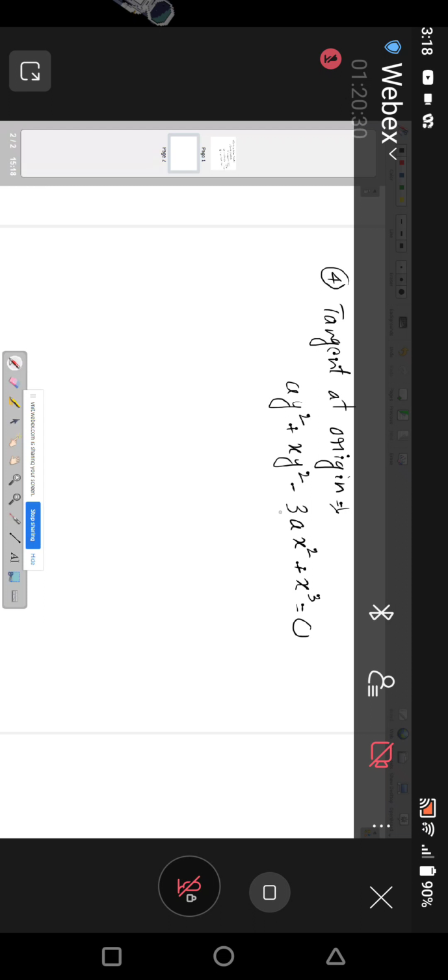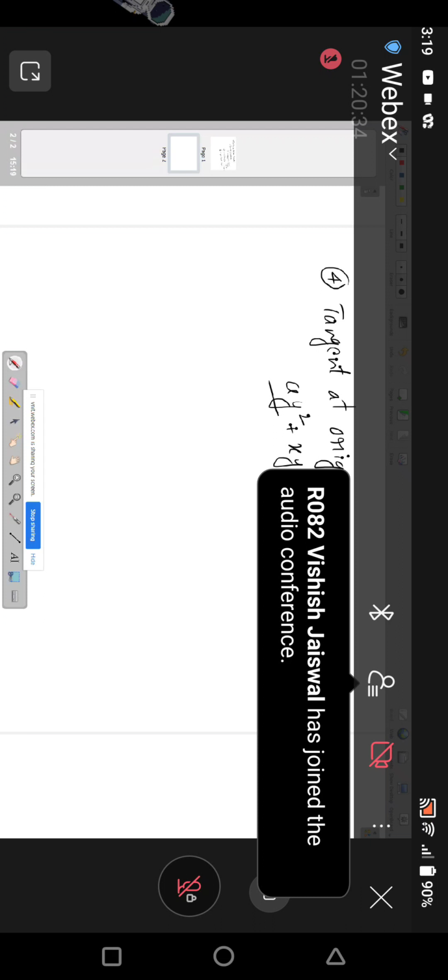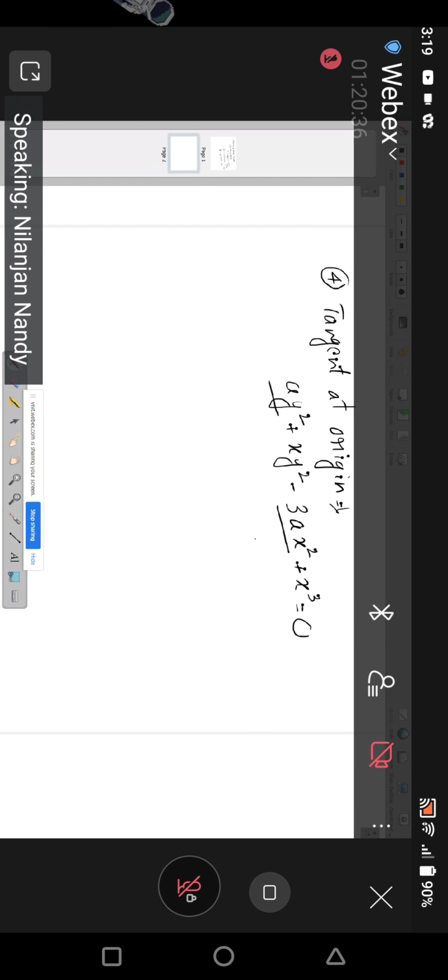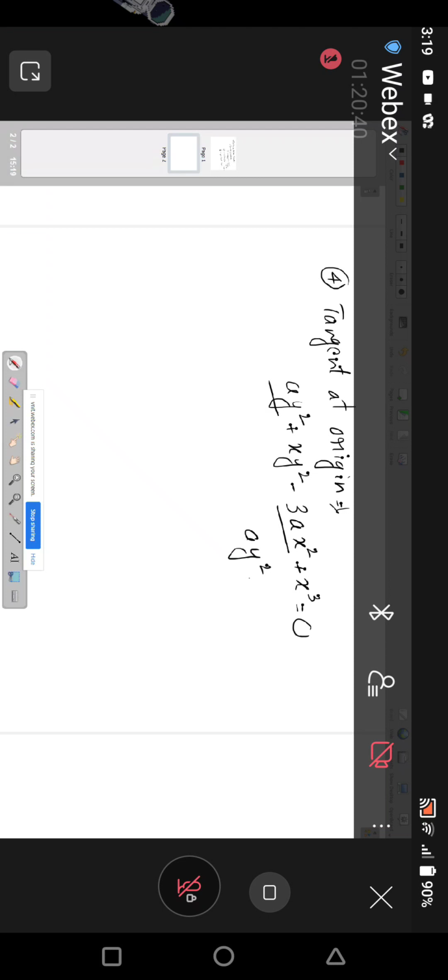Second order terms, 3x square and ay square. These are the two lowest terms, and I am equating them to 0. So you will have y equal to plus minus 3x. Obviously, as you can see, it is passing through the origin.